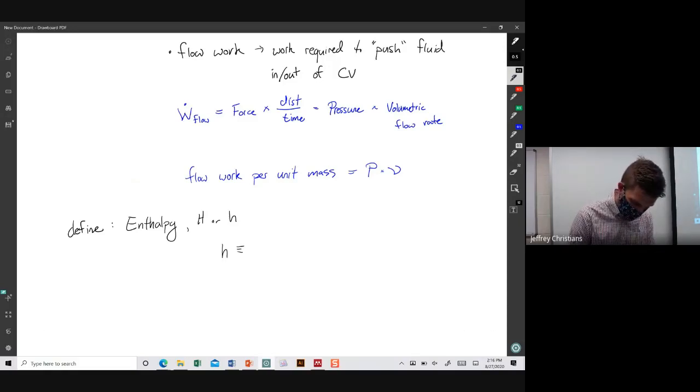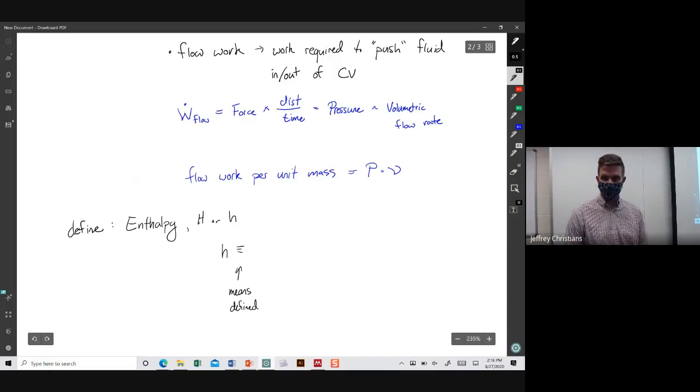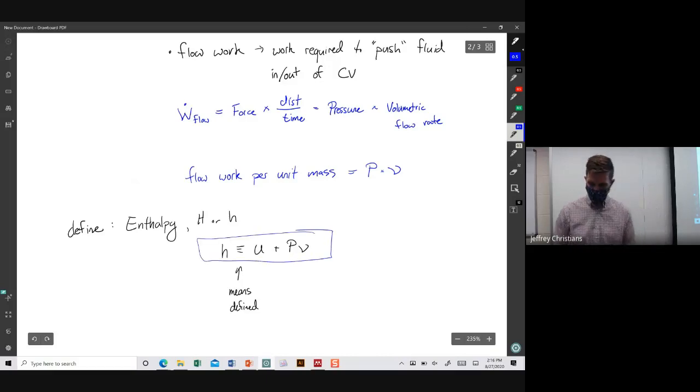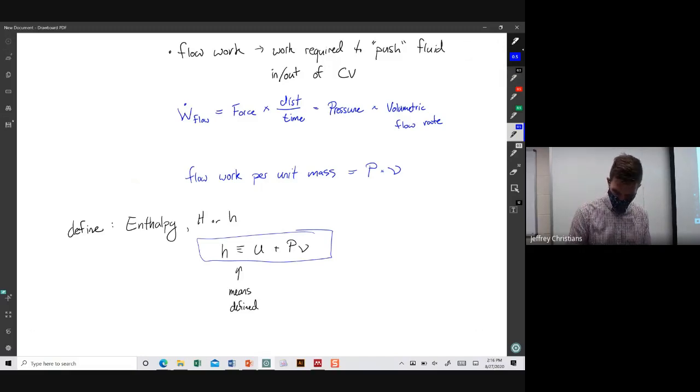H is defined as, so this little three-line equals arrow means defined, H is defined as U plus pressure times specific volume. H is the enthalpy, U is internal energy, and this PV term is flow work.